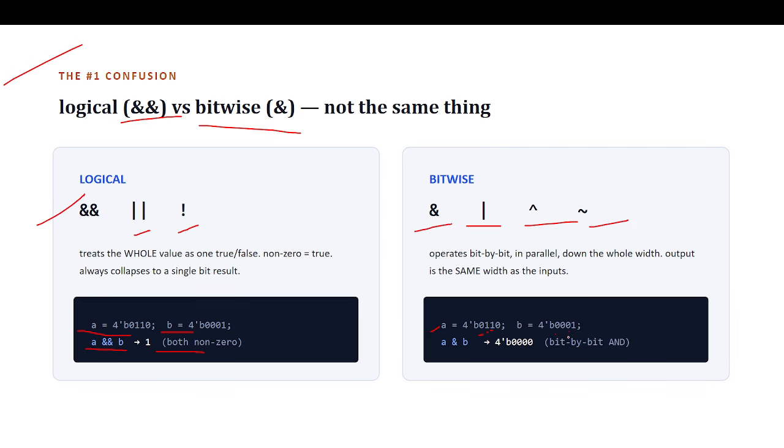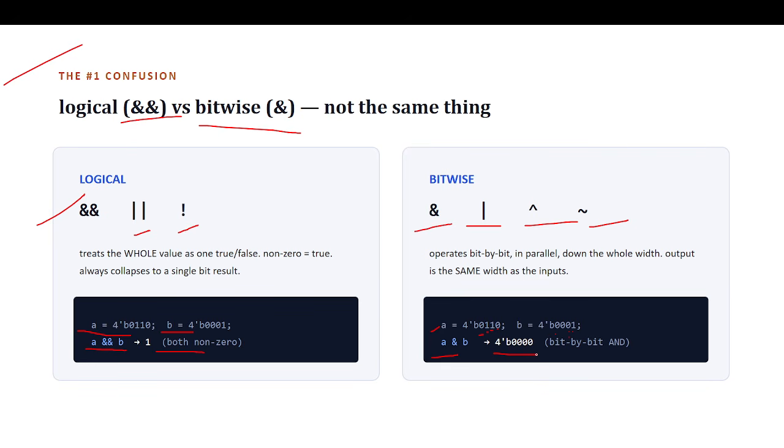Here 1, 0. Here 0, 1. So as the bit by bit comparison goes on, the final result of A & B is 4'b0000. That is, bit by bit comparison gives the answer 0. A full 4-bit value is not a single bit.